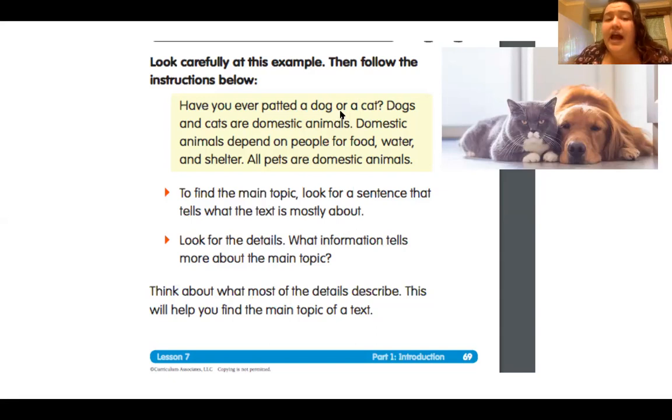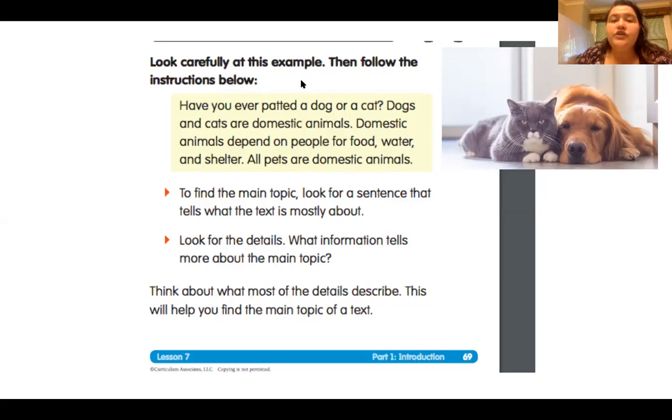So sometimes in order to find main topic, I try to find words that are in the story a lot. So like we have dog here, and here's cat, but this word domestic animals is in here 3 times. I bet that this main topic is about domestic animals.